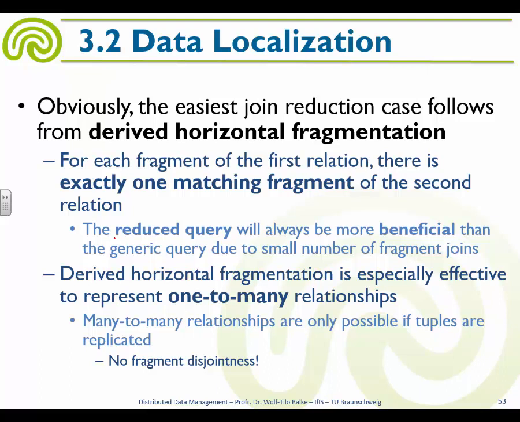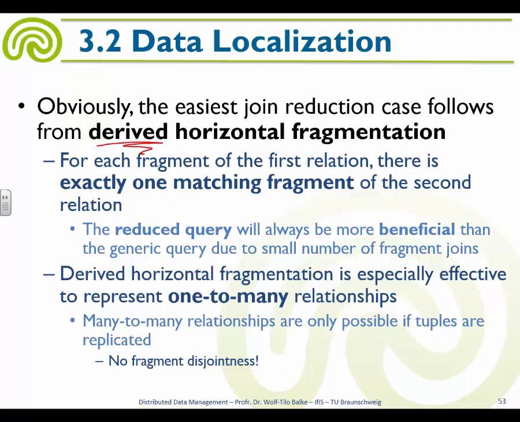Of course, the easiest join reduction is if you have a derived horizontal fragmentation. Jose had that in his example. Very clever. He did not have to do all the intermediate joins, creature 1 and fight 2, and fight 1 and creature 2. Because the first entries in fight 1 only reflected the first entries in creature 1, and the entries in fight 2 only reflected the entries in creature 2.